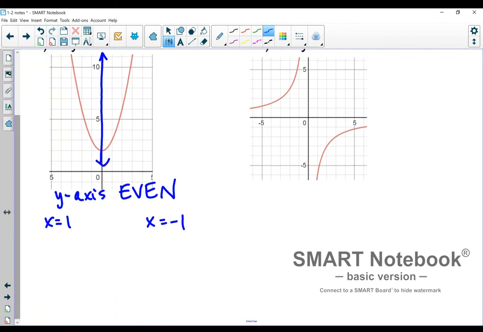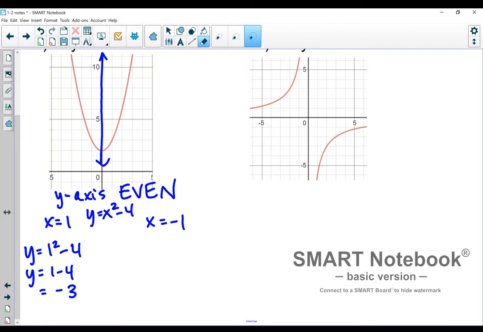So when x is 1, my function, again, is y equals x squared minus 4. So then y would be 1 squared minus 4, which is 1 minus 4, which is negative 3. Is that minus 4 or was that something different? Oh, no, it's x squared plus 2. All right. Thinking about the last problem we did.